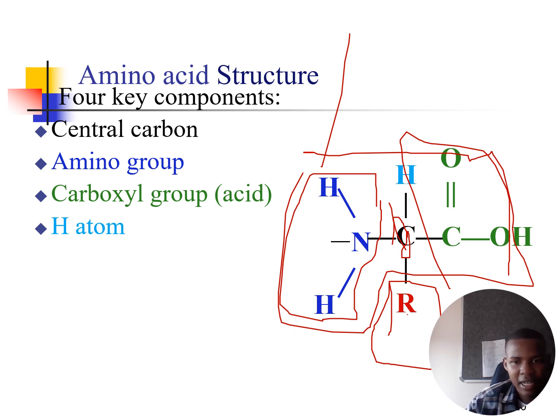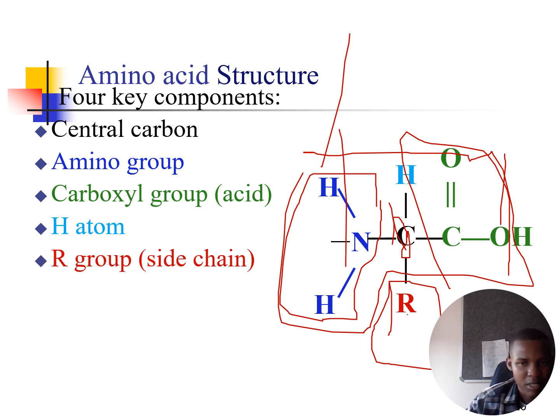So these are the functional groups which need to be there for you to classify something as a protein. There are variable R groups from 1 to 20, as these are amino acids attaching to each other. There are 20 amino acids which can form a sequence, and the R group is the side chain.